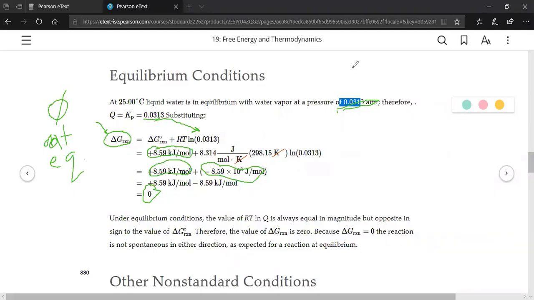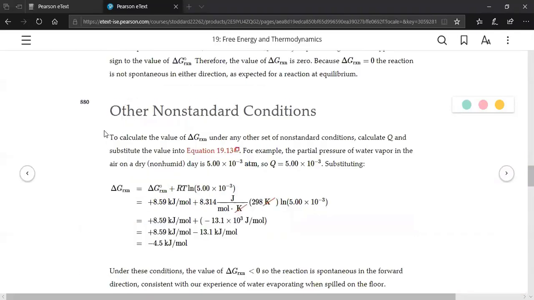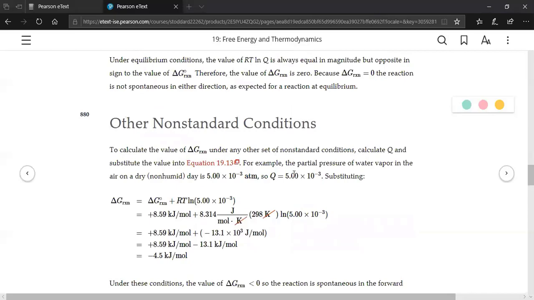Then they do another calculation with the same reaction, vaporization of water, when you're not at equilibrium, which is this here. So if you're on a particularly humid day, then you have a different partial pressure of water.